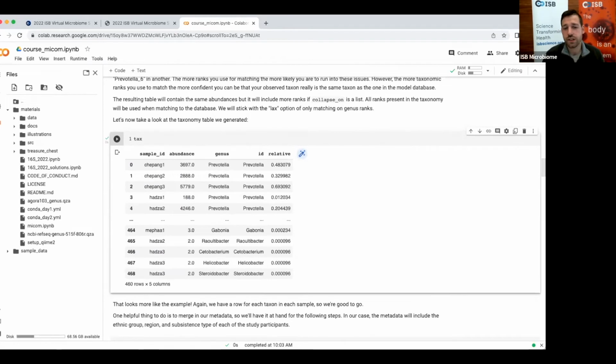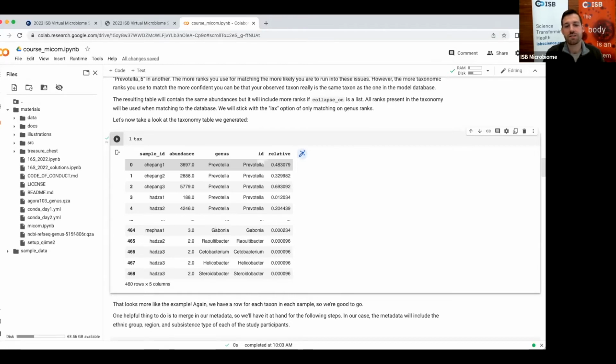Awesome. So this looks a lot like the example table that we looked at just a second ago. We have our sample ID column, which specifies the individual sample that a taxa is present in. We have an abundance column telling us the read count of that individual taxa in that sample. We have our lowest taxonomic rank summarized in this table here. We see that we're using the genus level, so we have individual genera names here.